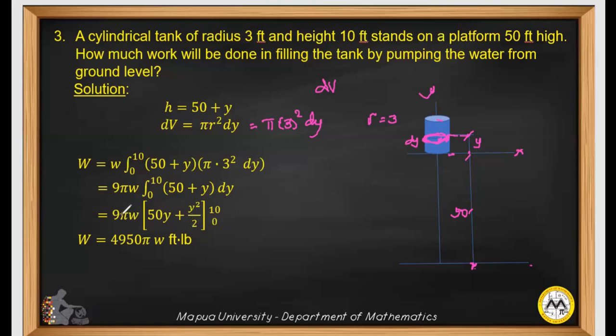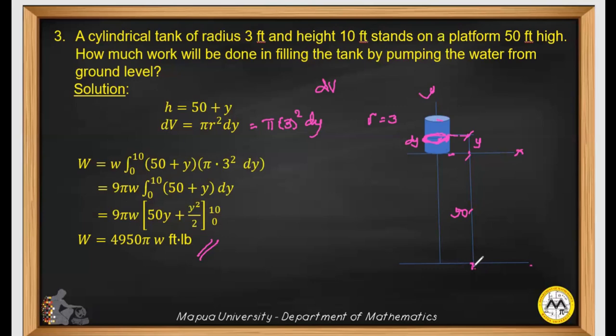So that will give us 9 pi w times 550, times 9 will give us 4,950 pi w foot-pounds.